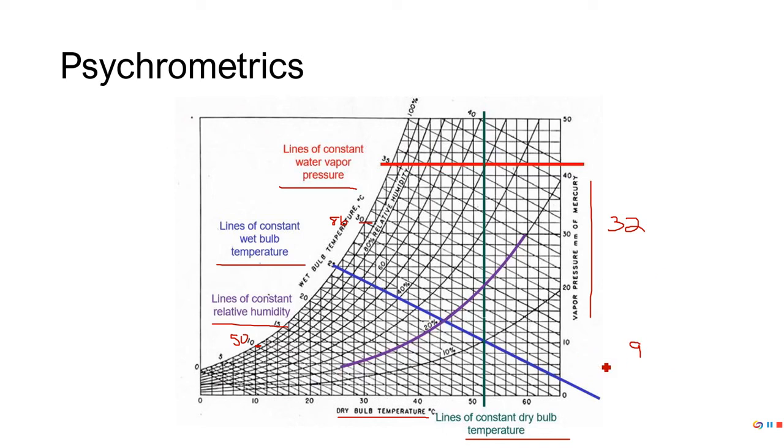When it's 50 degrees outside, the atmosphere can only hold 9 millimeters of mercury of water. That's it. If there's more water available, this is where you get dew and condensation. The air can't hold any more water as a gas in the environment. And this is where it gets hot and sticky and that sort of thing.